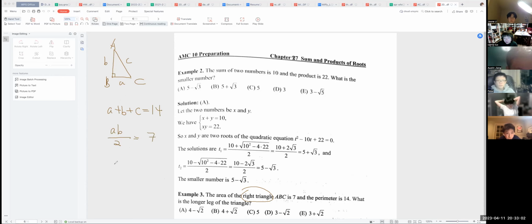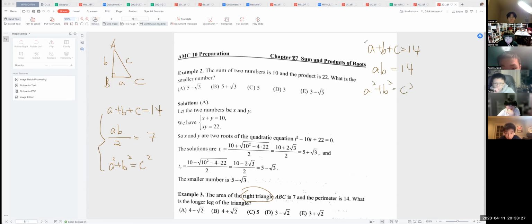But there's another one here, it's kind of hiding. A squared plus B squared equals C squared. Do you have these in your mind? So you have A plus B plus C equals 14, and AB equals 14 as well, and A squared plus B squared equals C squared.